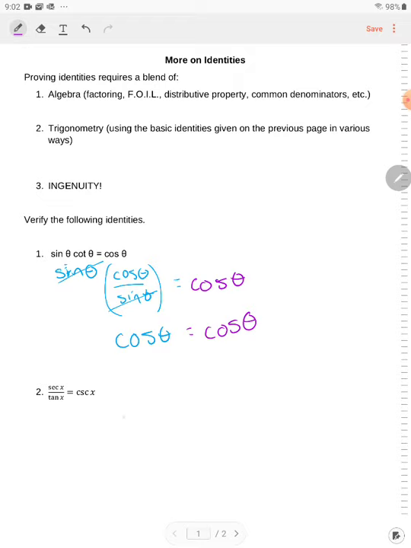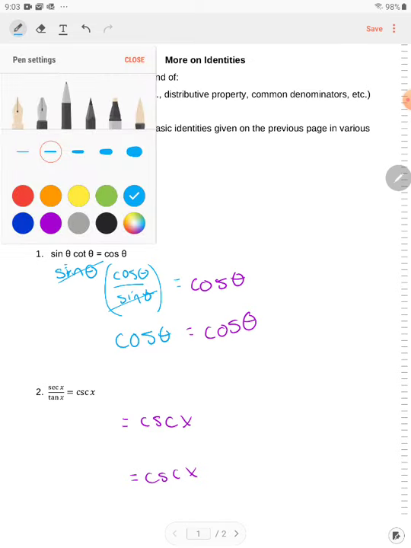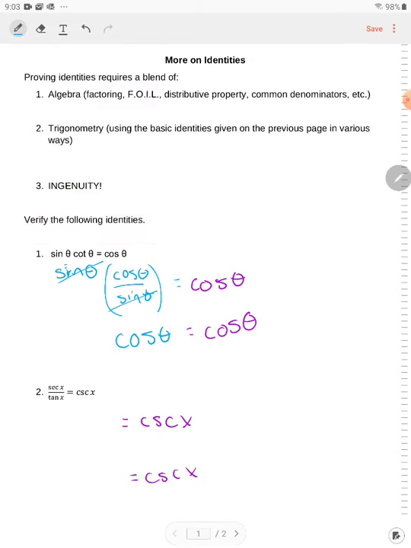So let's look at this one here. We bring down the cosecant first. All right, so again, we want to write our trigonometric functions in terms of sine and cosine. This is secant of x. So let's go ahead and rewrite it in terms of sine and cosine.